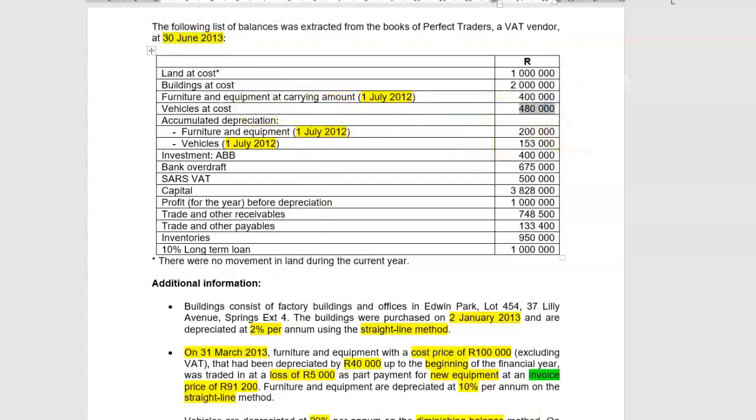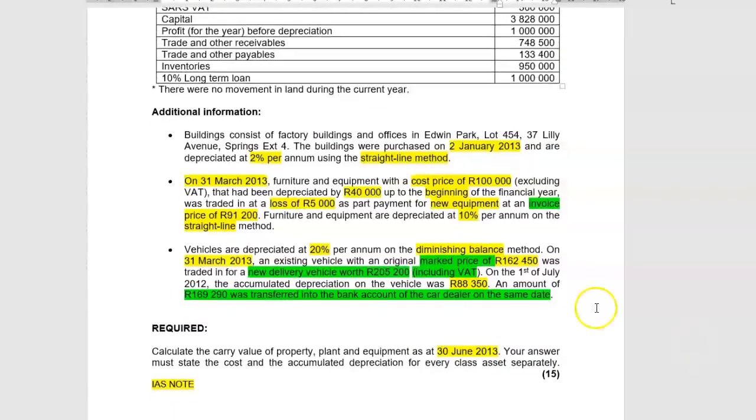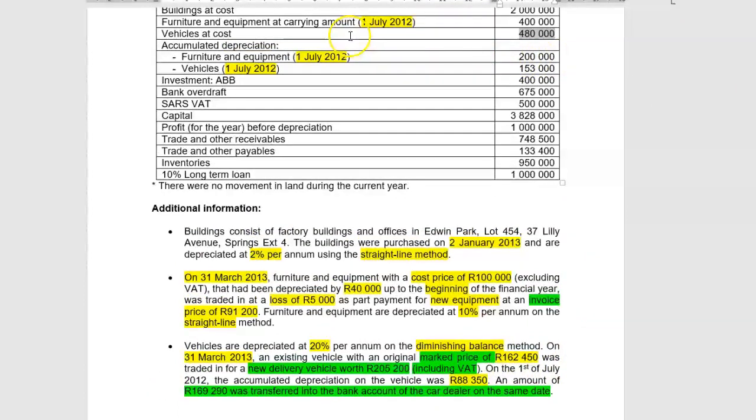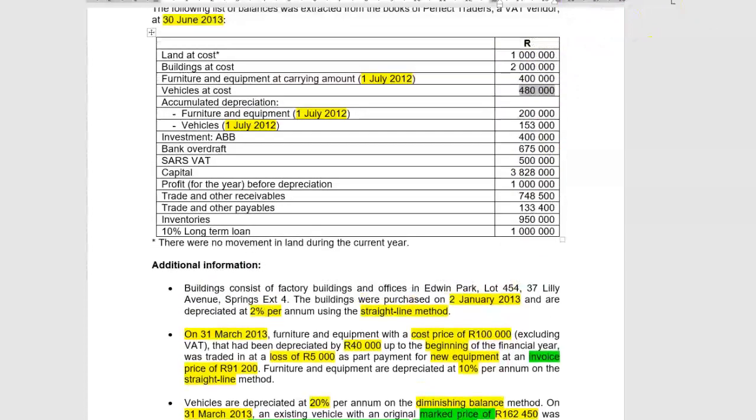The fact that I have disposed of a vehicle means that the cost price of that disposed vehicle was already deducted from the 480,000 when the transaction took place. Also, the cost price of the new vehicle is included in the 480,000 because it's a year-end balance.